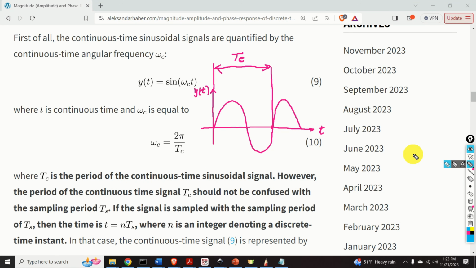During the sampling process of this signal, every Ts seconds, we take a sample of this signal, where this distance is denoted by Ts, and Ts is the sampling period. After the sampling process, we have a set of discrete time points representing our signal in the discrete time domain.